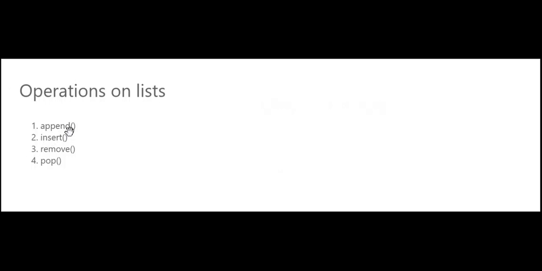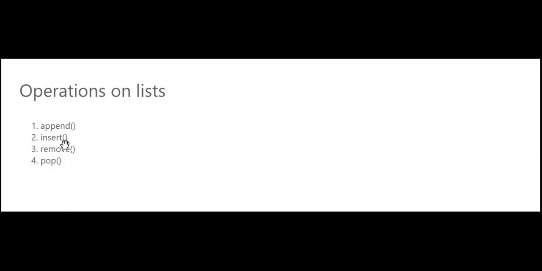I will explain with an example also. First, what I want to say, and next I will explain with a clear example. Okay, and the second operation is insert. Insert is to add a new item at a specific position, the middle position, the first position, or the end position.